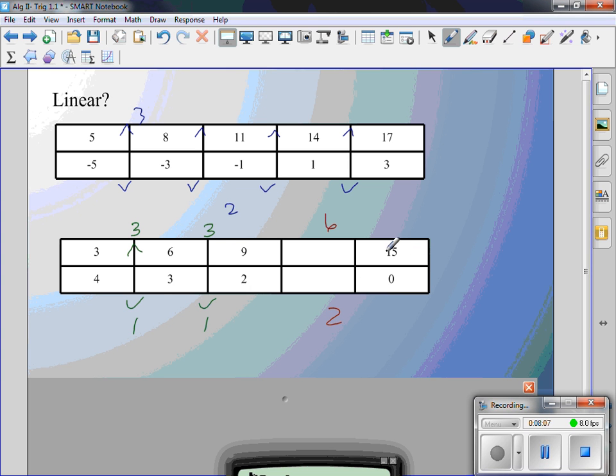These are different, these are different. I need to look at where they're different. Can I make this a 3? What do I have to do to it? Divided by 2. If I cut that in half, I get a 3. I'm good. Since I cut that in half, I have to cut this one in half. If I cut that in half, do I get the 1? Then that one is linear.